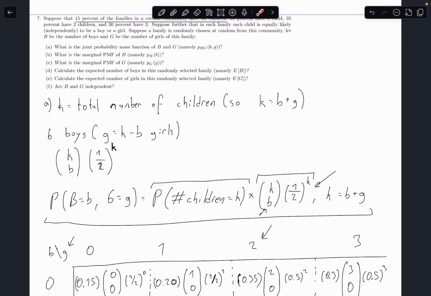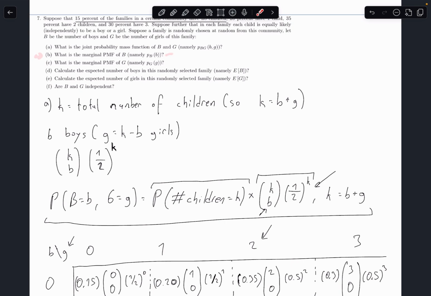Part C. What's the marginal probability mass function of girls? Since the probability of having a girl and boy is 0.5, we can say they should have identical distributions. So that's why we don't need to do everything we did in B all over again.